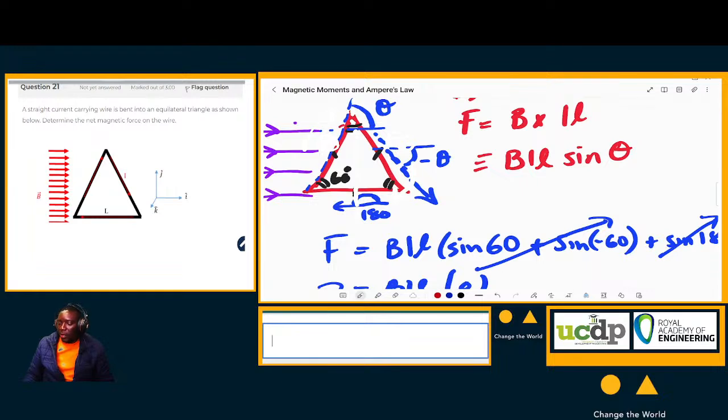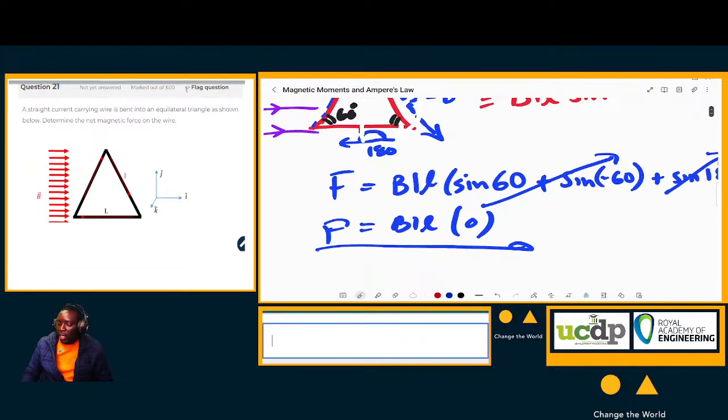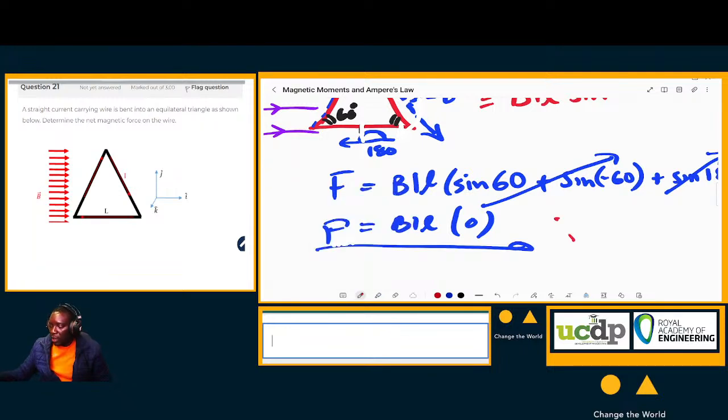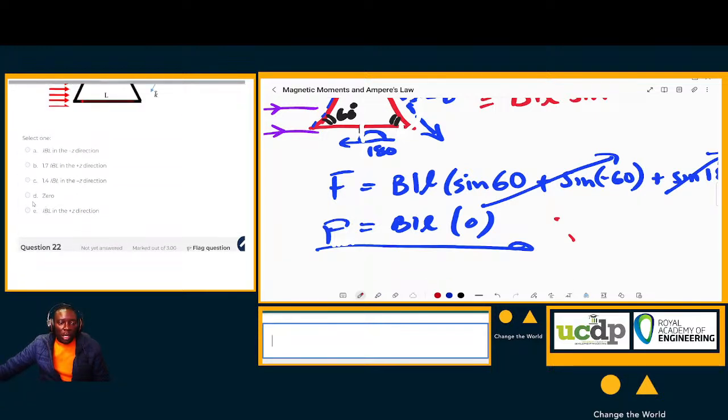So there's still torque for this loop, but if we consider the translational forces, the loop is being forced into the plane and out of the plane by equal forces, and the net force will be 0. That's basically the first part, and I'm sure we're going to have more questions related to this type of discussion. So our answer there will be D.